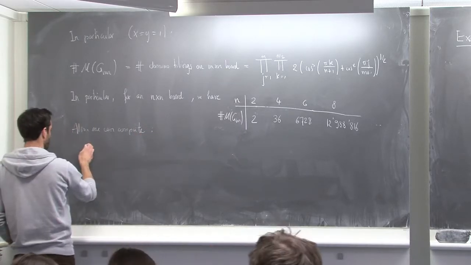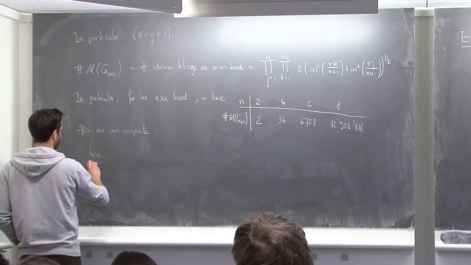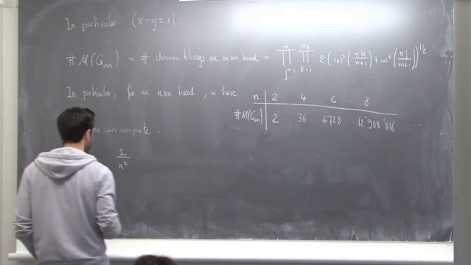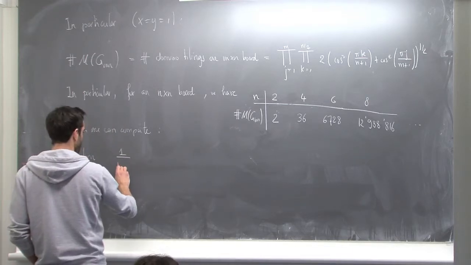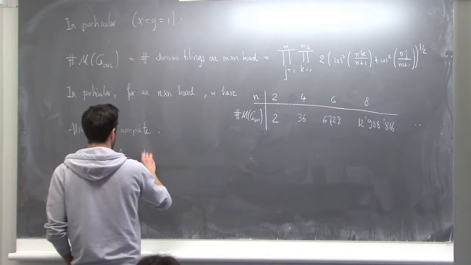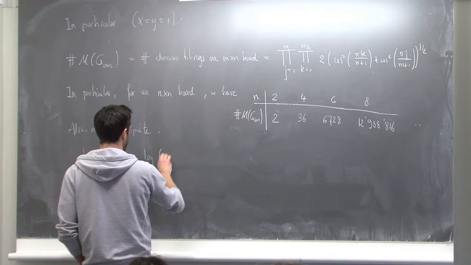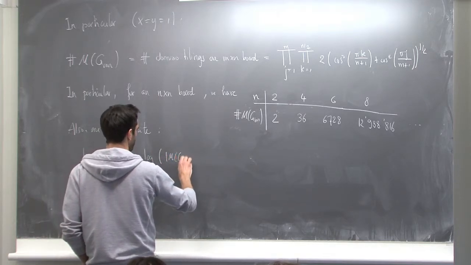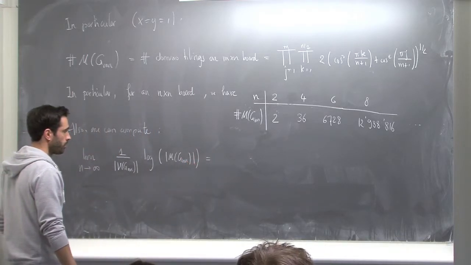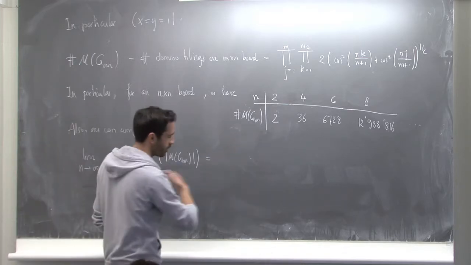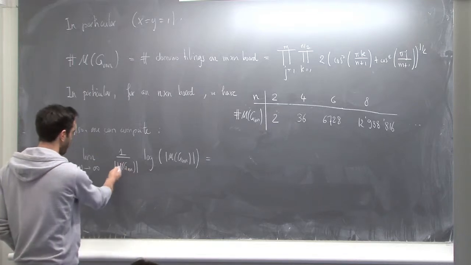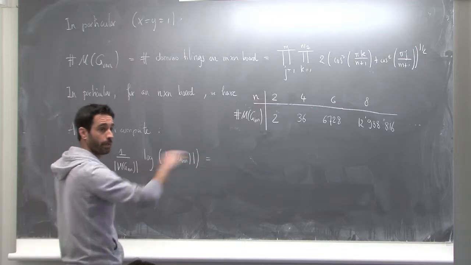Here, I'm just going to write it as the limit as n goes to infinity of 1 over n squared, that's the number of vertices of the graph, times the log of the number of perfect matchings. It means the number of perfect matchings grows as exponential of n squared times a number. And this number can be computed using this formula.